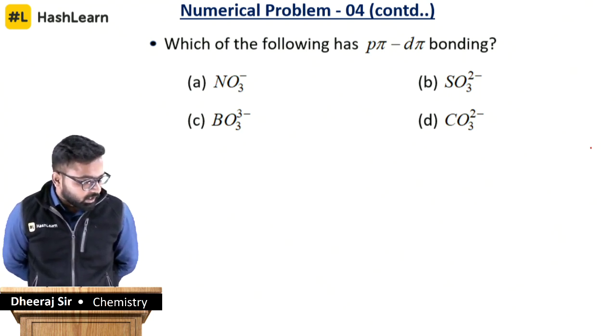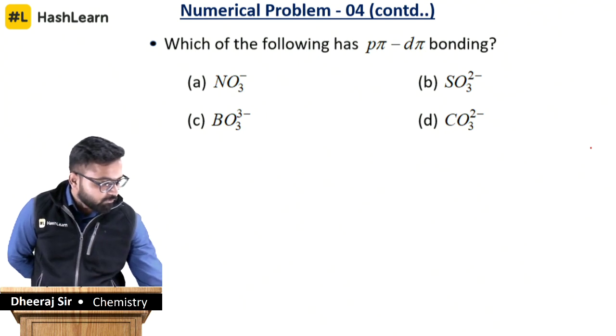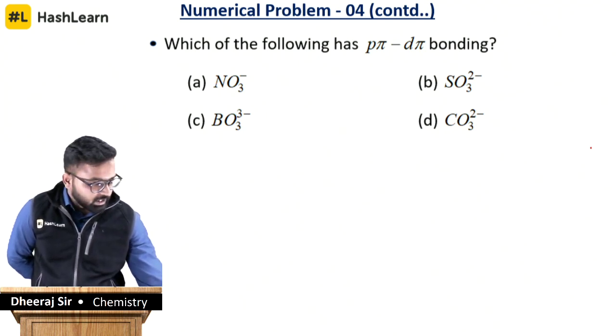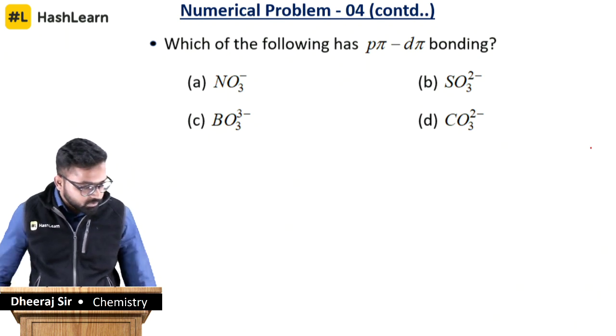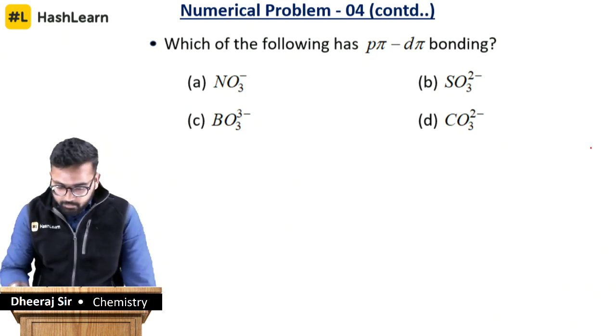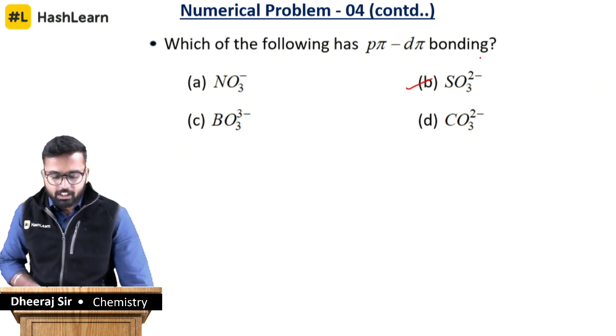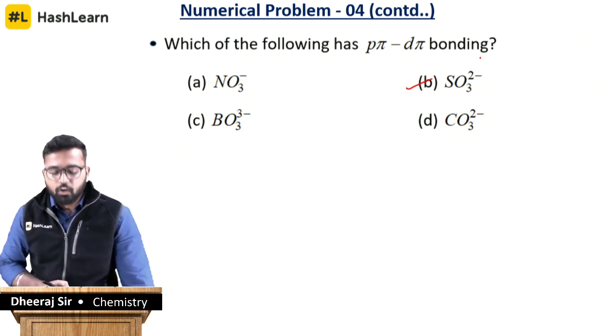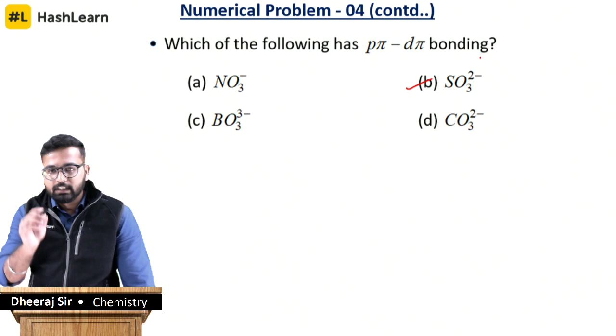So Karan, Shika, Peru, they've all given us the right answers, and as a matter of fact, everyone who has answered this question has given it right. So it has to be option B. Straight away I can tell, because there are no d orbitals present in the second row elements.